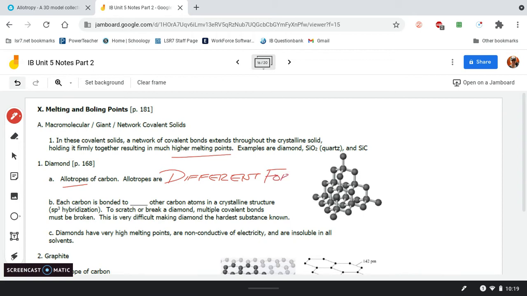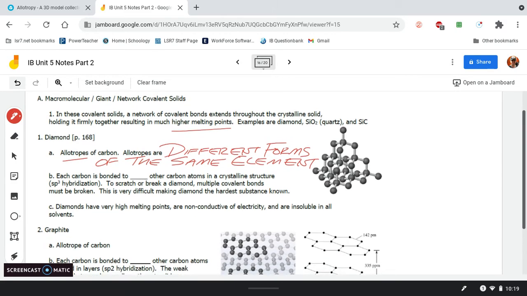These are different forms of the same element. Carbon is what they use. That's the one that'll be on the IB test. And so carbon can be diamond, graphite, or graphene.